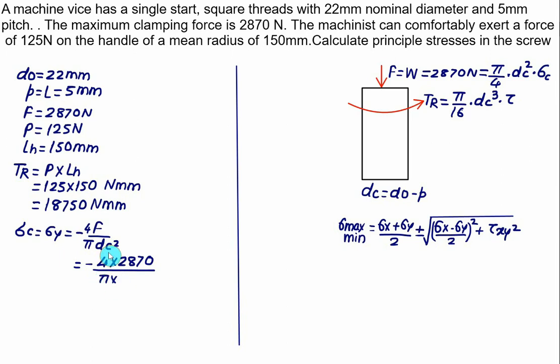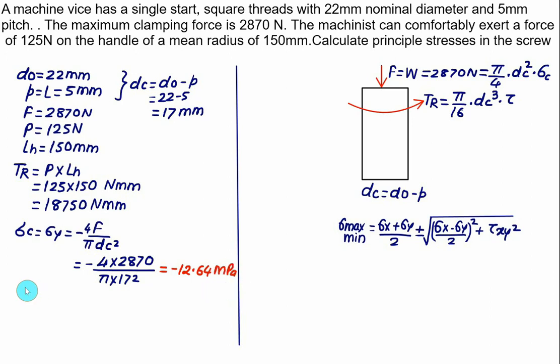Now we require the core diameter. Core diameter DC is DO minus pitch, that is 22 minus 5, equal to 17 mm. So we have pi into 17 square, which gives minus 12.64 megapascal.